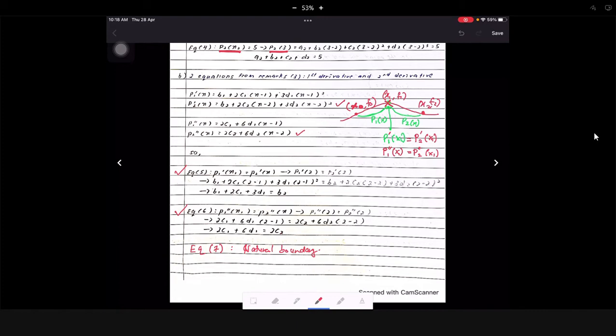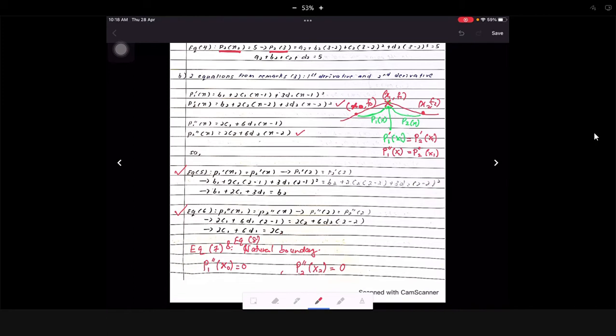So maksudnya P double prime, okay, the second derivative of titik awal is equal to 0 dan the second derivative of P2, okay, P2 melibatkan X2 is equal to 0. So ni adalah another equation 7 dan 8.